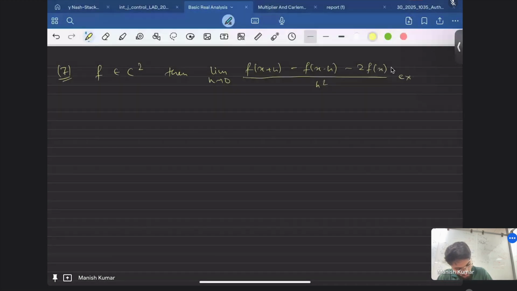And the b part is, what about the converse? So how to prove this?